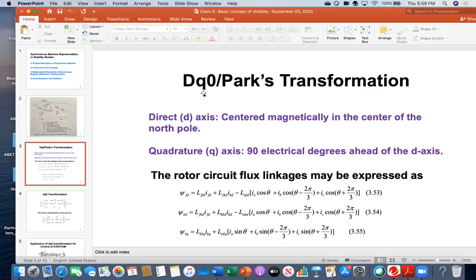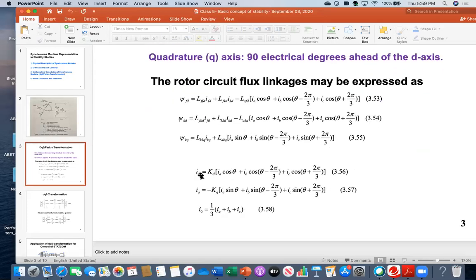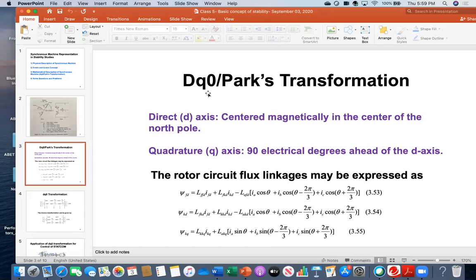It is used because it is helping me. This is making my calculation easy. I am able to make it time independent. Only in the equation I will have the theta. And then it is the simple 3 quantities, ID, IQ, and I0. That's why this system is very popular.